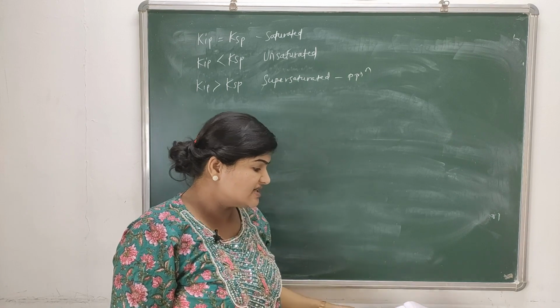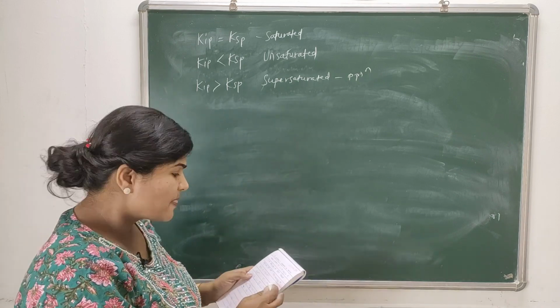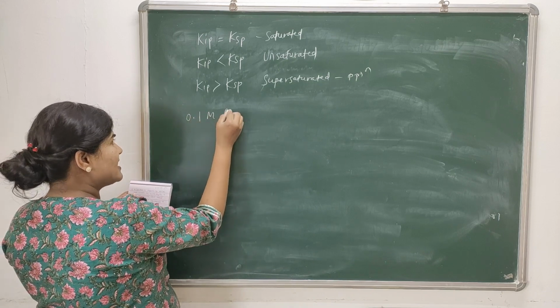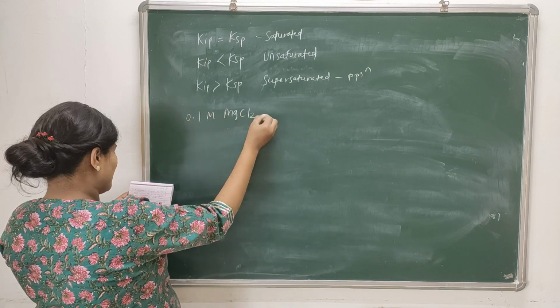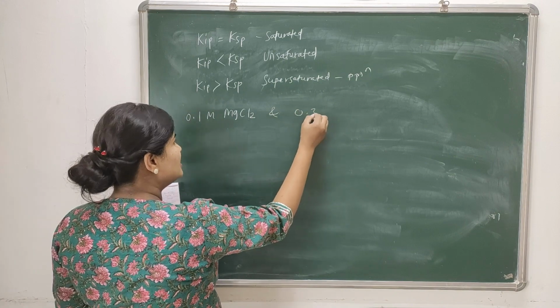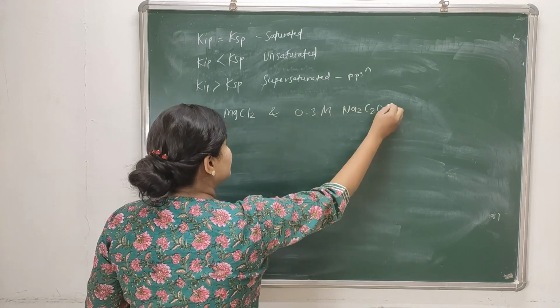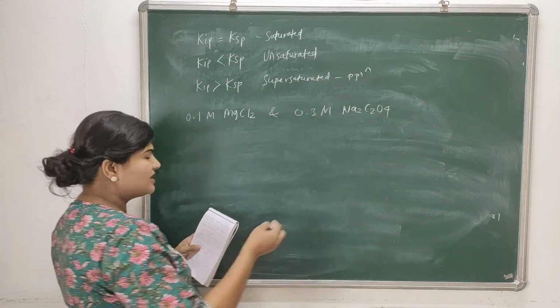A solution is prepared by mixing equal volumes of 0.1 molar magnesium chloride and 0.3 molar sodium oxalate, Na2C2O4, at 293 Kelvin.